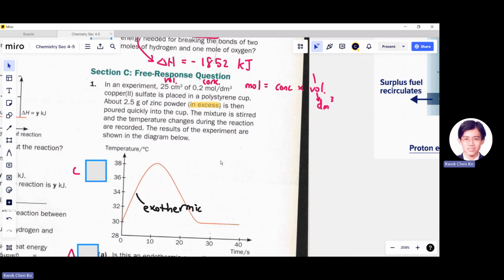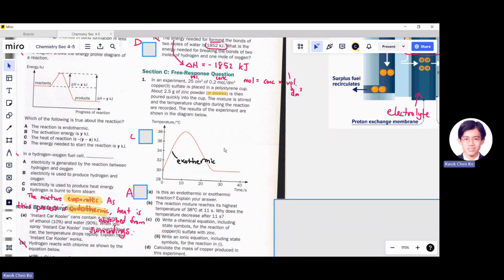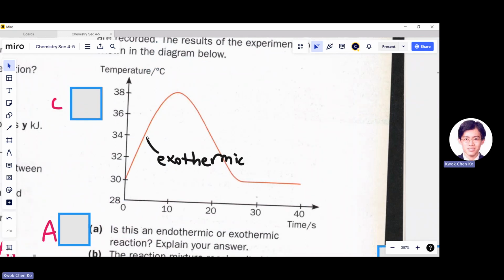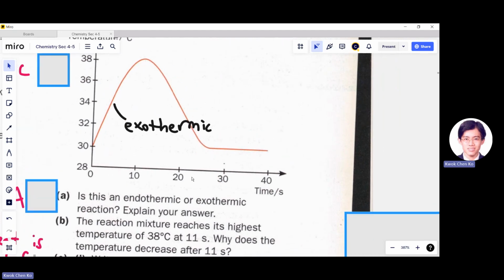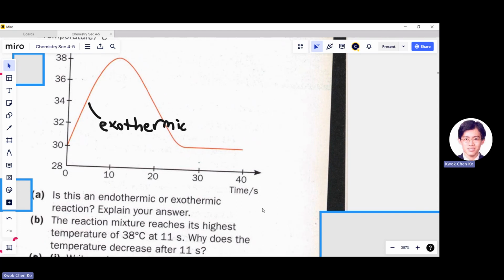1C is quite a standard question for all of you. So take note, even though the temperature drops, make sure you realize the temperature increases initially, so it's still counted as an exothermic reaction. How do you explain your answer? The temperature increases from 0 seconds to 10 seconds, from 30 degrees. Good. There are no marks assigned here, but I would prefer you add in a bit more, because exothermic means heat is given out.